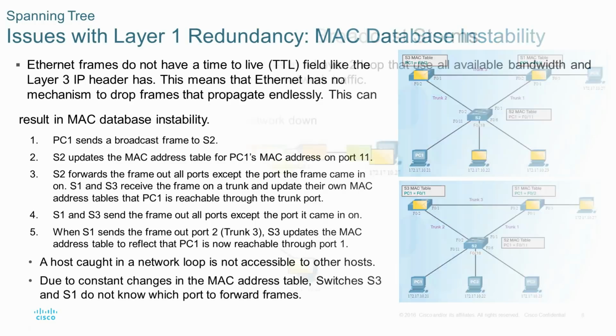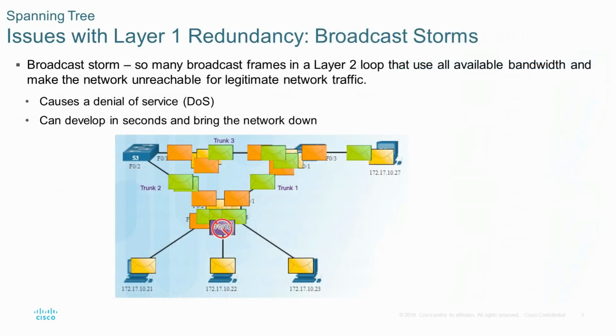So let me discuss the second issue, the broadcast storm. A broadcast storm means you are sending so many broadcast frames on the layer 2 loop that they use all available bandwidth and make the network unreachable for legitimate network traffic.